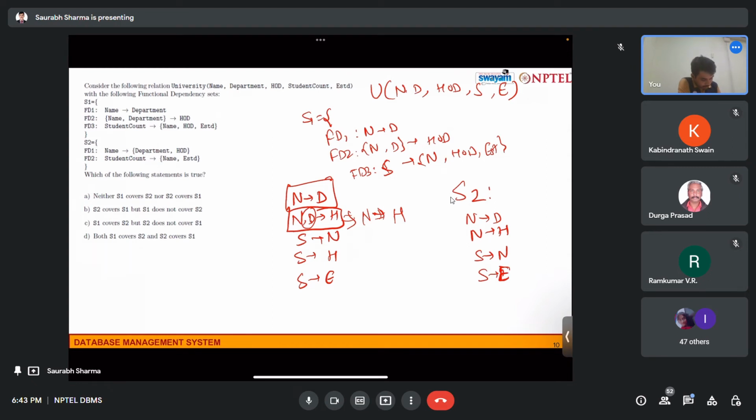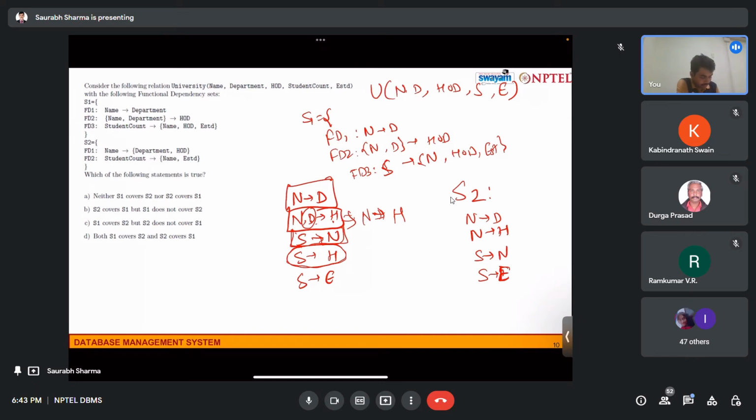Next, if S is determining N, and N is determining S, it is very obvious. It is the obvious statement. If S is determining N, then S will be determining H due to transitivity.